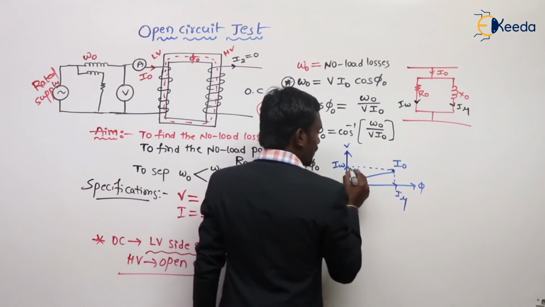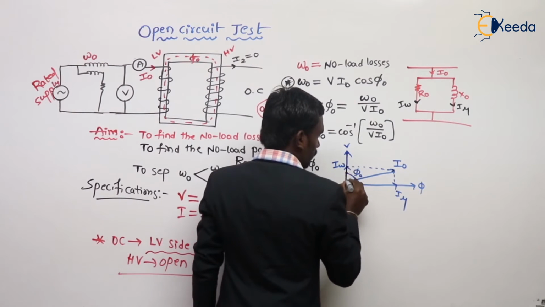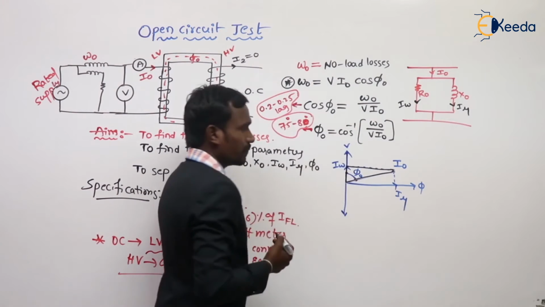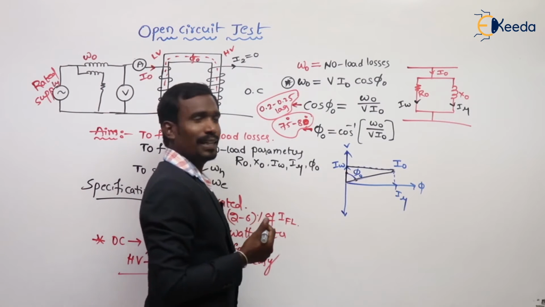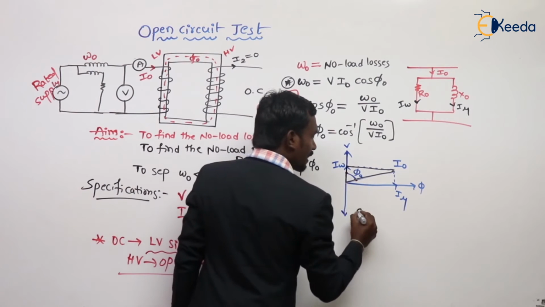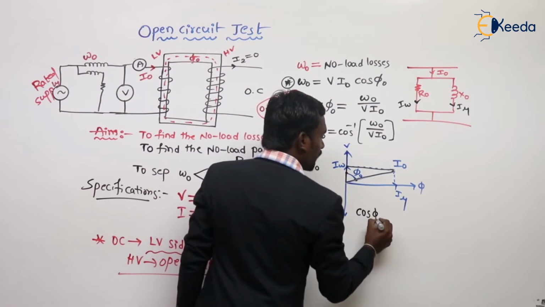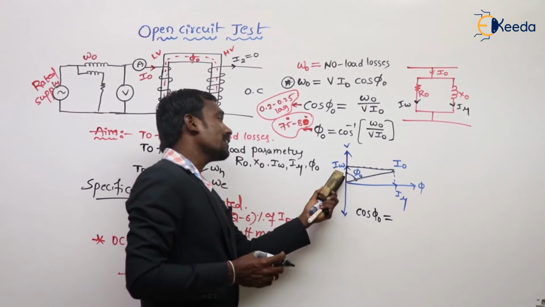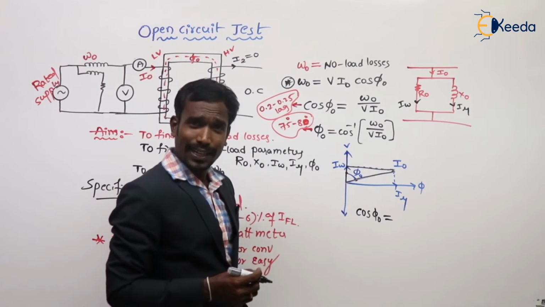So from this triangle, cos phi naught is equal to adjacent by hypotenuse, right?